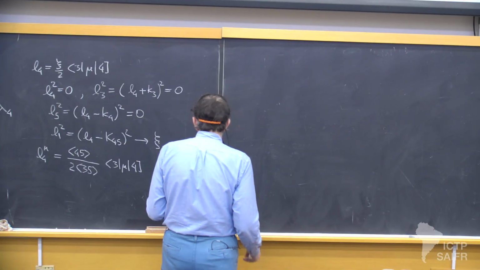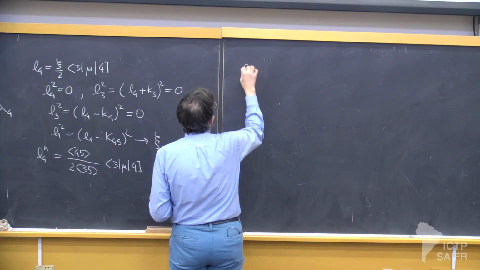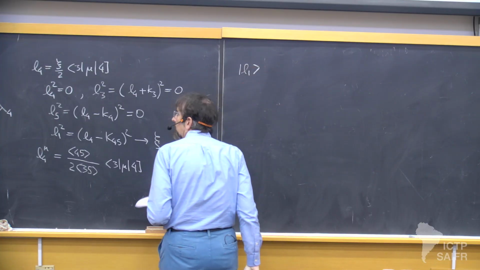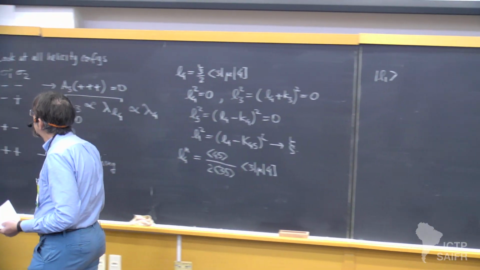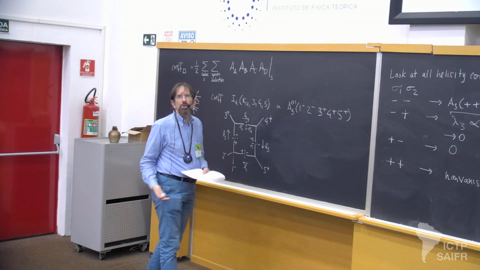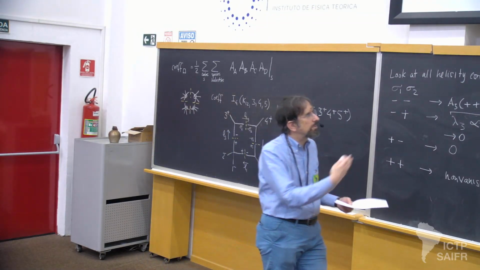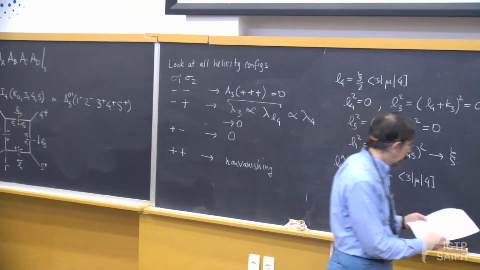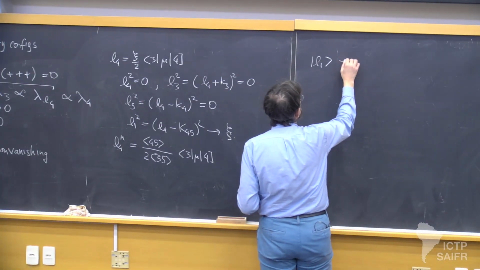And we can now write down all the spinors that we have. So again, all of L1, L3, L4, and L5 are on shell, so we can write them as spinors. So we can just talk about the relevant spinors.